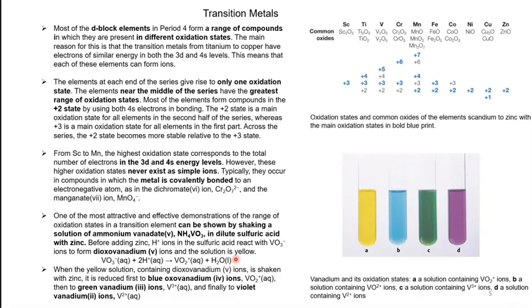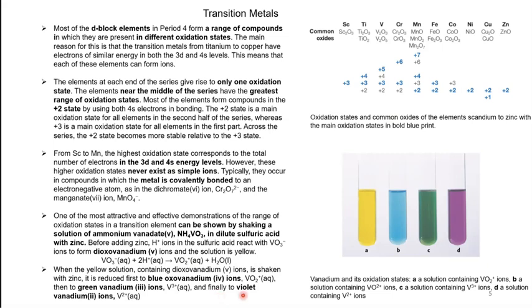You see, this is yellow. This vanadium ion is yellow in color. When we have acid, we get this ion, which is reduced first to blue oxovanadium(IV) ions, and then this goes to green vanadium(III) ions, you see.